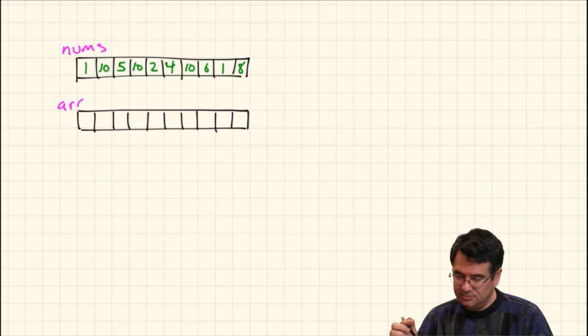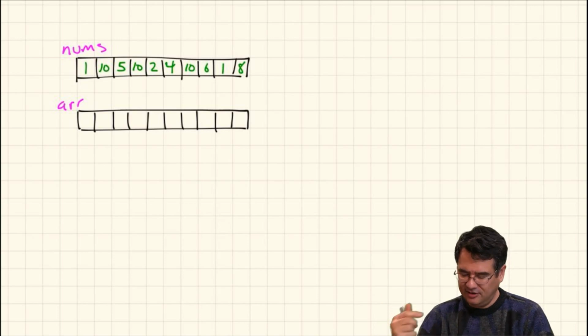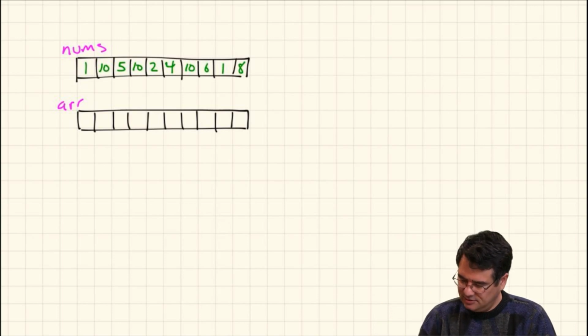And we want to move the elements or copy the elements from the nums array into the new array, but ignore all the 10s. So the 1 should come down. The 5 should go into the next slot. The 2 goes in the one after that.